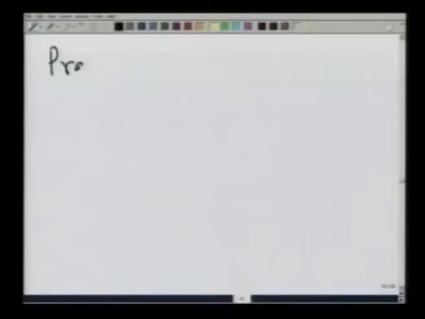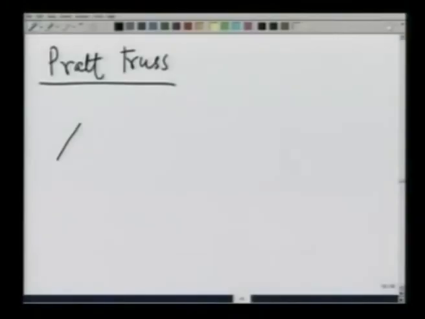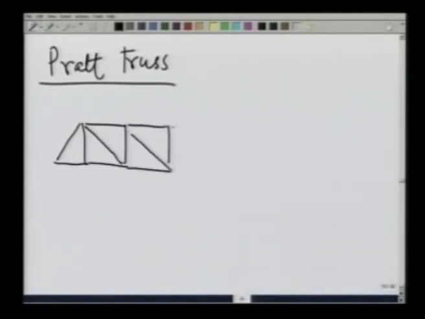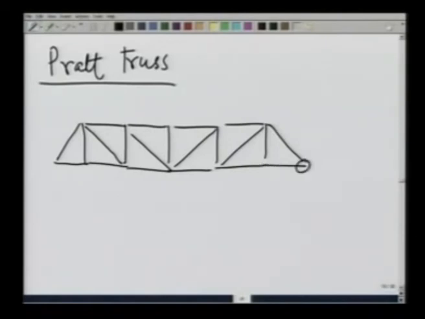Several examples of trusses that you see in everyday life are, for example, the Pratt truss, which is like this. It is put on the supports here and these are joints.